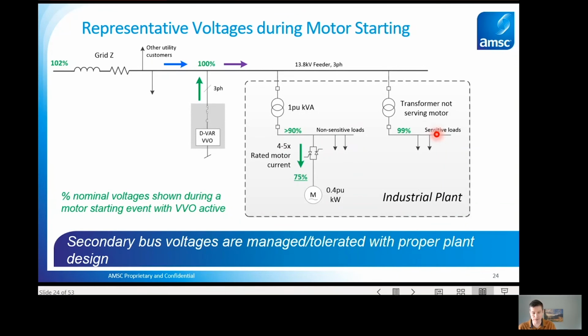Some sensitive loads can be, for example, the PLC rack that's controlling your whole motor control center. So just simply move that load over to another transformer. That's a very low cost, easy change to make because those are very low power requirements.